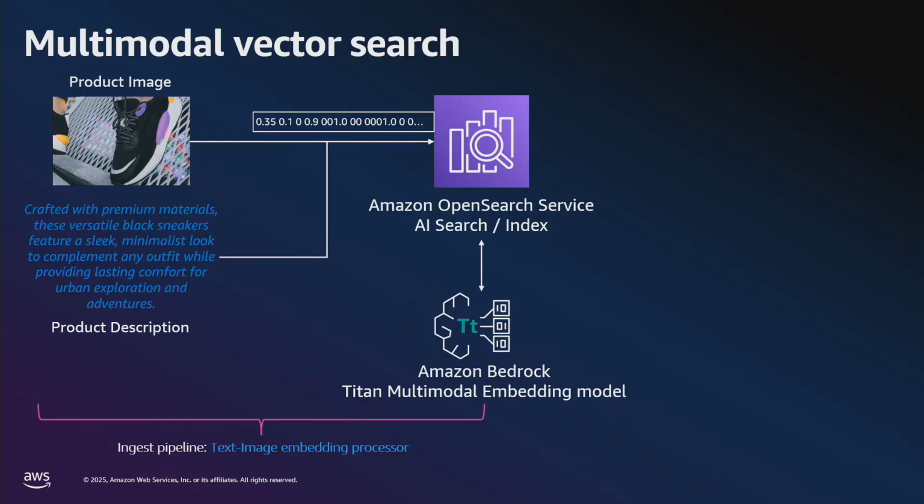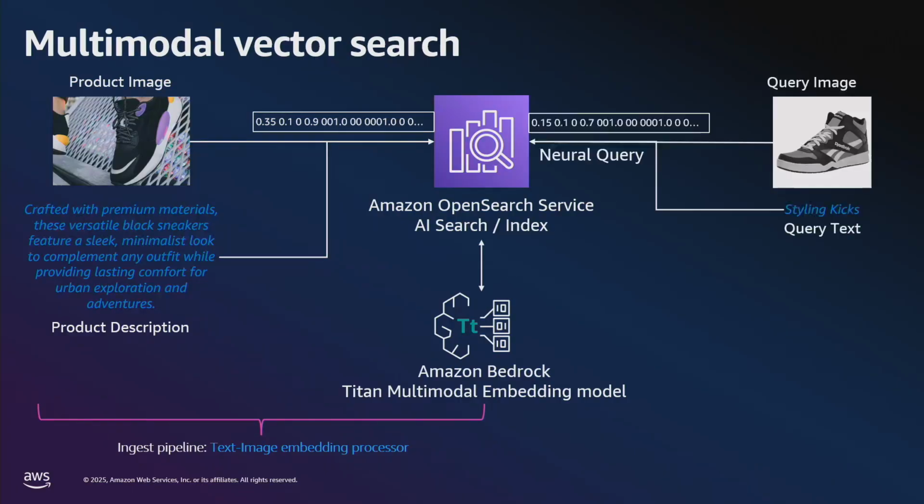This is the model which works with the multimodality of the data and generates the dense vector out of it, and stores this vector in a single vector space inside OpenSearch. Now during search time, you can either pass the query text or a query image, or both. This way, you can find similar looking products and improve the search experience.